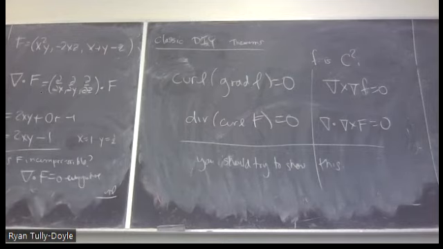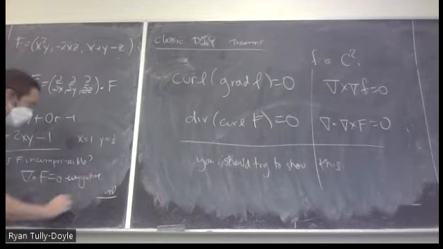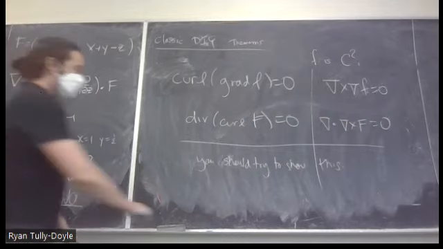I didn't give you a domain, so you have to assume it's defined on all x's and y's. If in your mind you think, okay, that can't possibly represent water in any meaningful way, then the answer is no. Divergence is not 0 everywhere, so this is not an incompressible field.